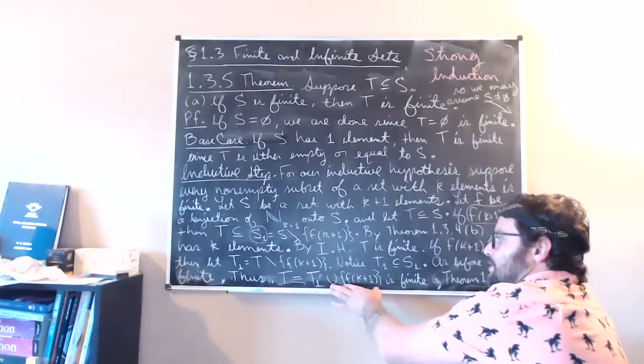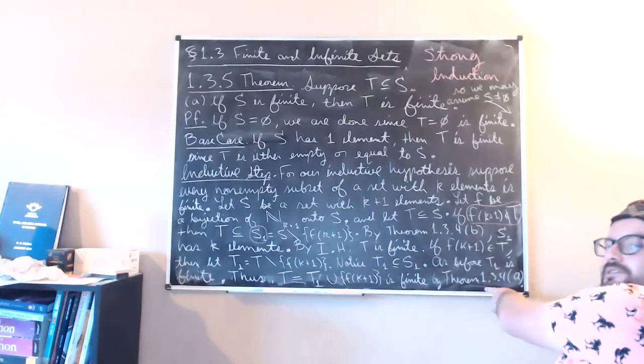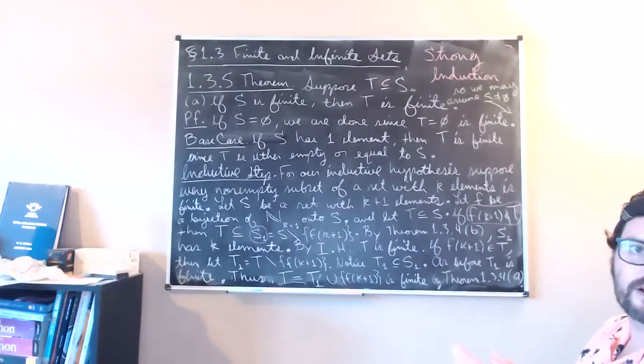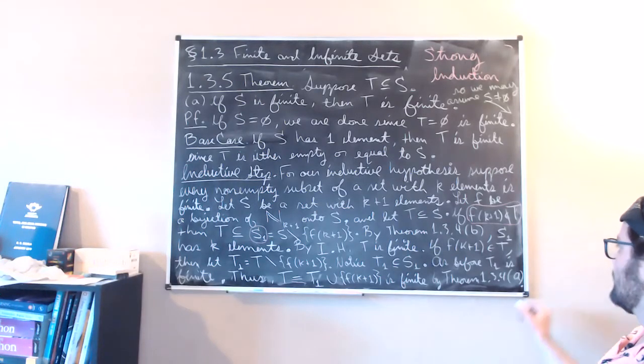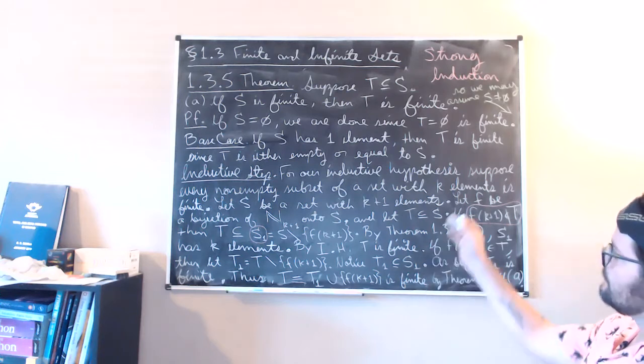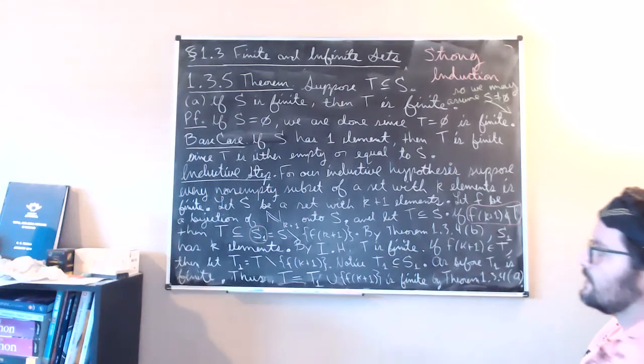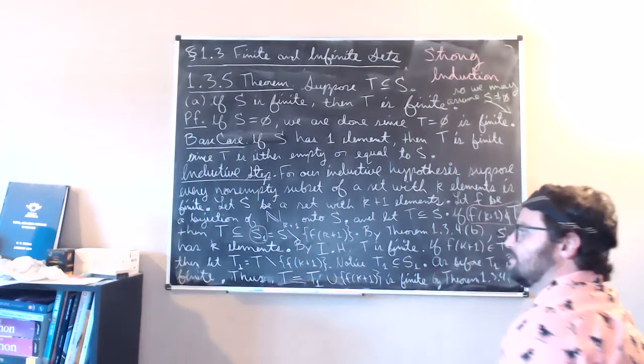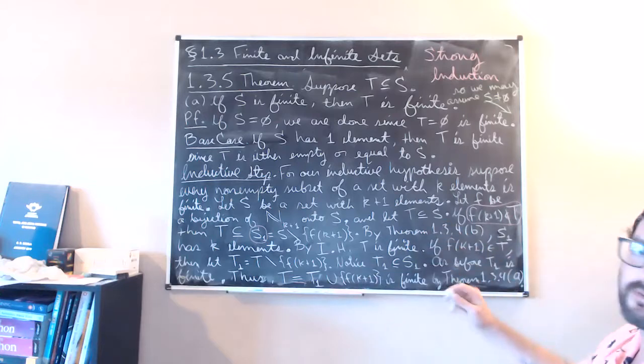T1 is a finite set, that's a finite set. And this theorem says that the union of two finite sets is finite. Okay. In both cases, we've shown that T, which is a subset of S, is finite. So we're done.